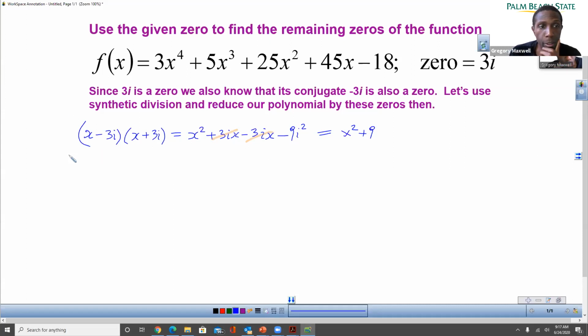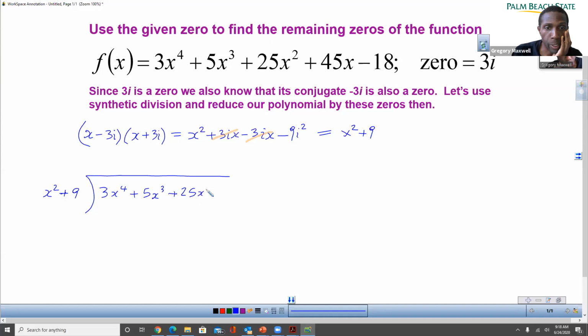And so therefore, I need to divide x squared plus 9 into 3x to the 4 plus 5x cubed plus 25x squared plus 14x minus 18, and that should give me a remainder of 0.